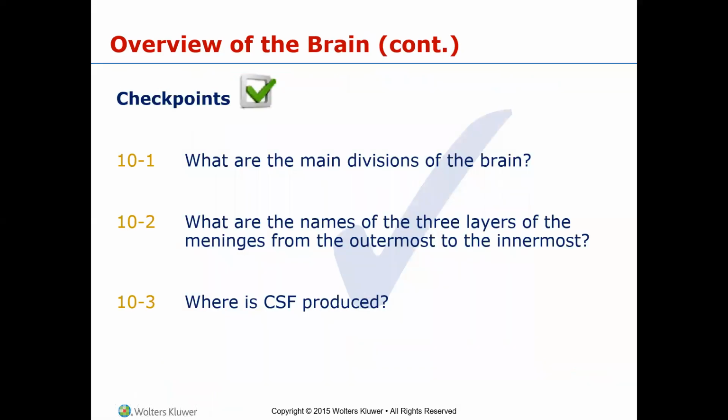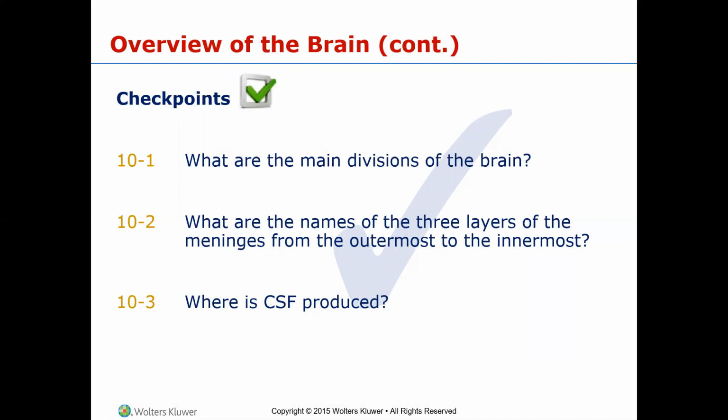So then what are the main divisions of the brain? If we look at the main divisions of the brain, we have 2 cerebral hemispheres. We have the diencephalon, the brainstem, and the cerebellum. And the names for the 3 layers of the meninges again are the dura mater, the arachnoid, and the pia mater.